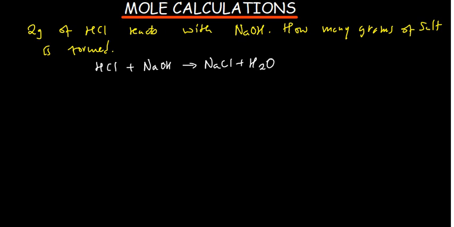Now, which one of these product is a salt? Remember, the question is saying how many grams of salt is formed. So what is formed is on the product side. Obviously, this is not the salt, so the salt is sodium chloride. So the information we've been given is we've been given 2 grams of hydrochloric acid, and we want the mass of here, the mass of sodium chloride.